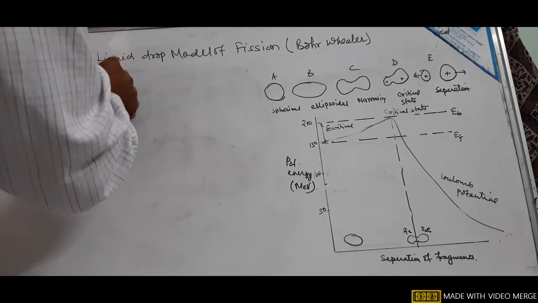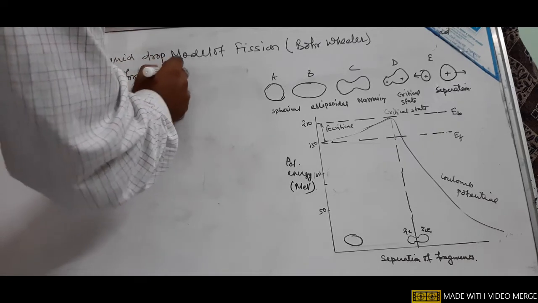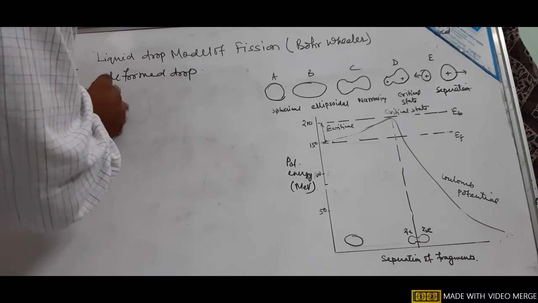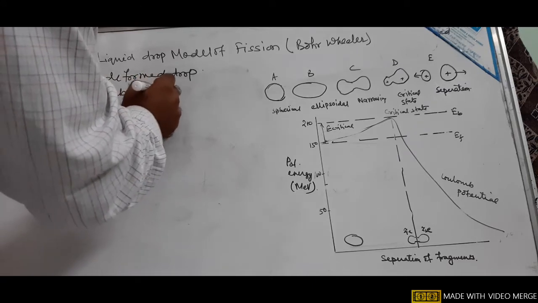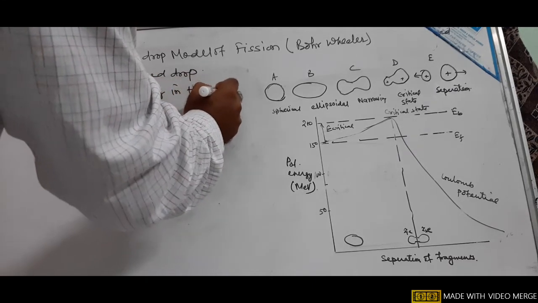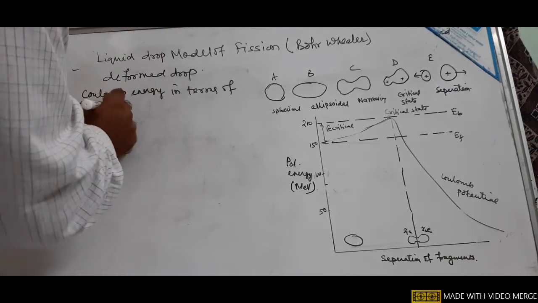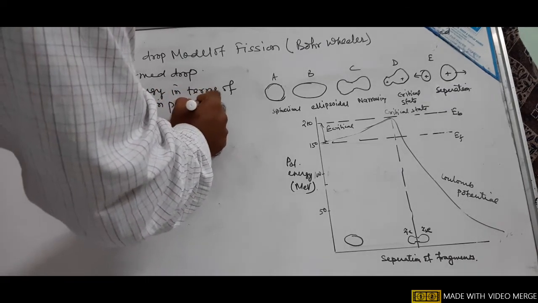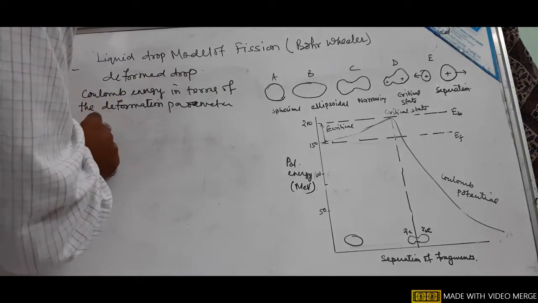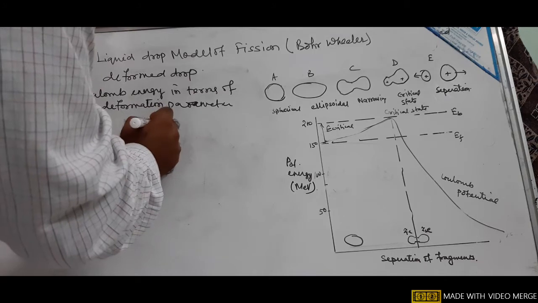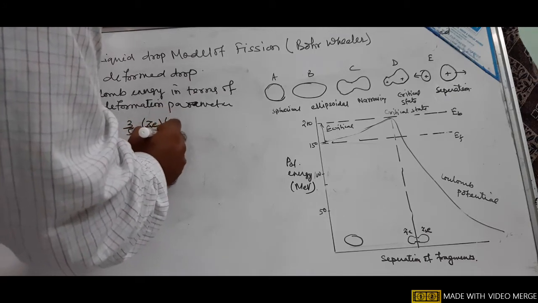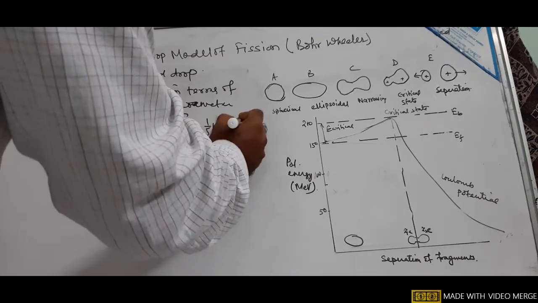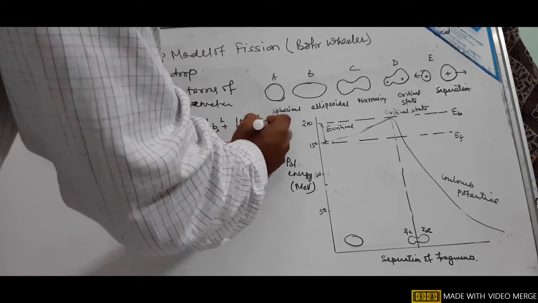So in case of a deformed drop, if we write the Coulomb energy in terms of the deformation parameter, we can write down EC, which is equal to 3 by 5 Z e square divided by 4 pi epsilon R naught, times 1 minus 1 by 5 B2 square plus 10 by 49 B3 square minus, and so on.